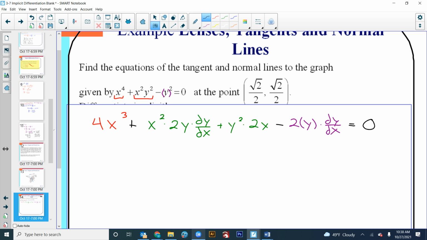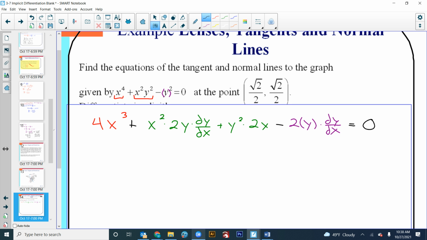The way I will be doing this all year, you have to have some sort of writing sequence, order of letters and numbers. The way I will always do it, unless I mess up, is numbers first, then x's, then y's, then dy dx's.